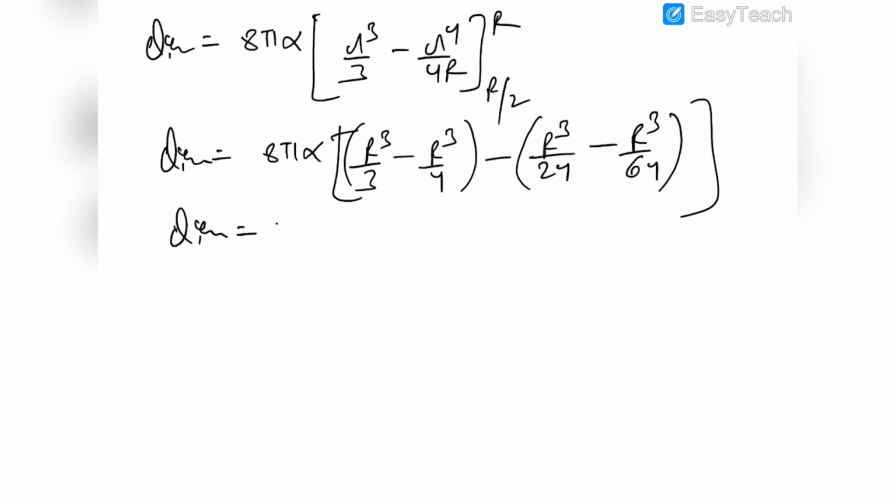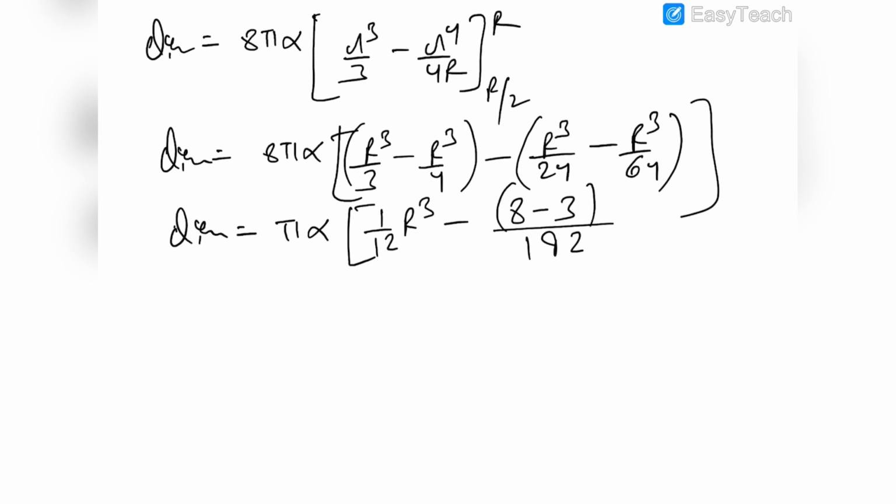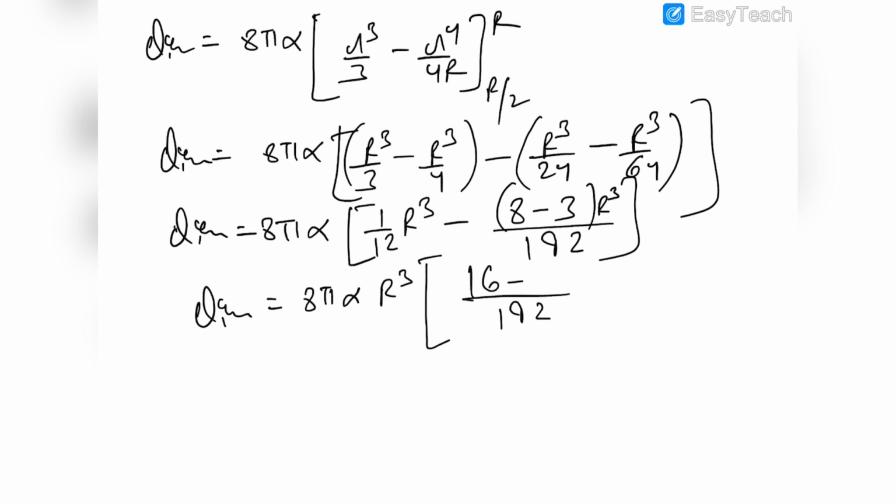So Q inside will be 8 pi alpha, and we can take R cube common, and this would be 192, and this would be 16 minus 5.